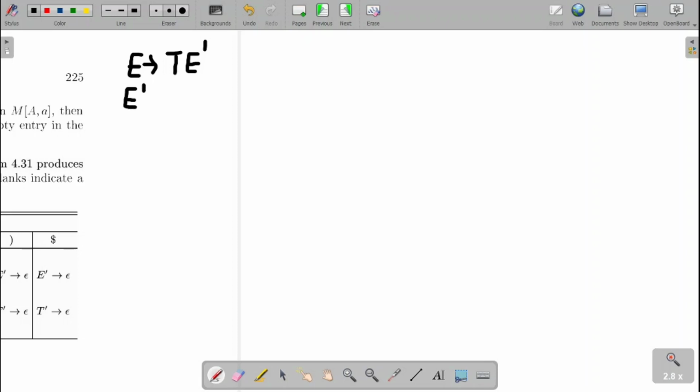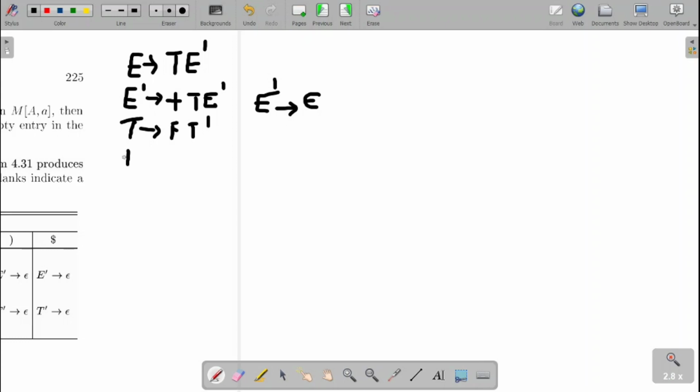Then E dash derives plus T E dash, or one more production, E dash derives epsilon. Then T derives F T dash.